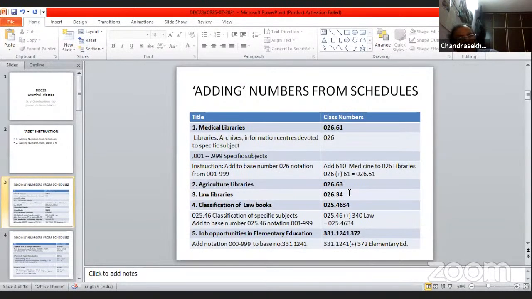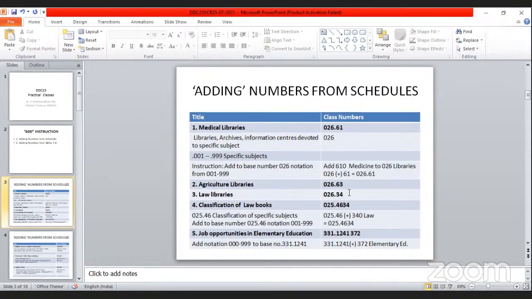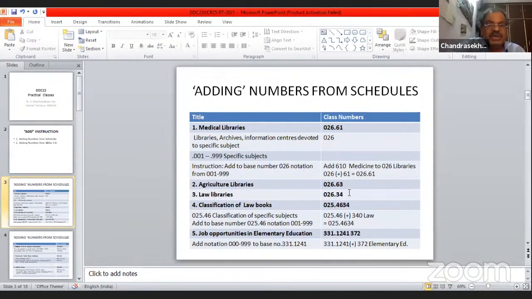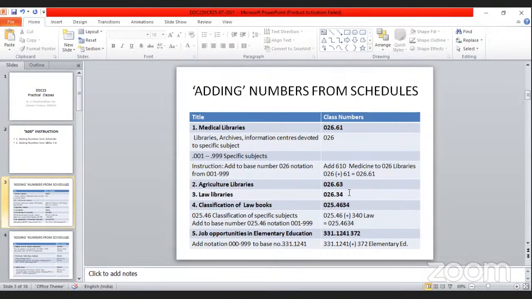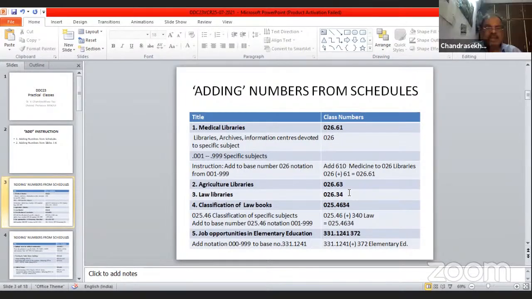So if I say classification of medical books, how would you do that? You got the point? Classification of law books. Sir, how did we get 025? Law number is already 340, from summaries we are seeing 340. Then 025, from where did we get? From the schedules, library operations.